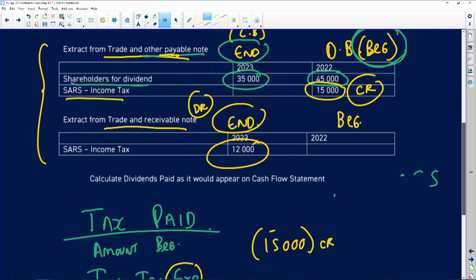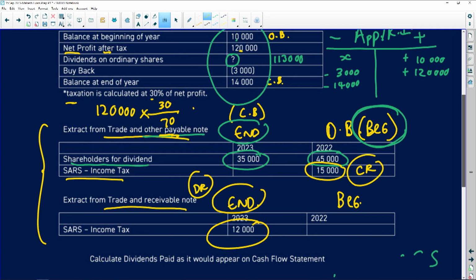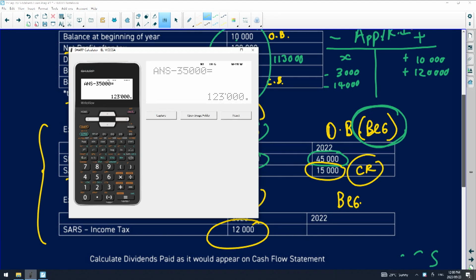So if we look at our expense for the year, it's not given to us, but we are told tax is calculated at 30% of net profit. So net profit after tax, 120,000. Right, times, I want the tax, which is 30%, divided by after tax. Remember, before tax is 100. After tax, 100 minus 30. So after tax is 70%. Right, and that should give me my taxation amount.